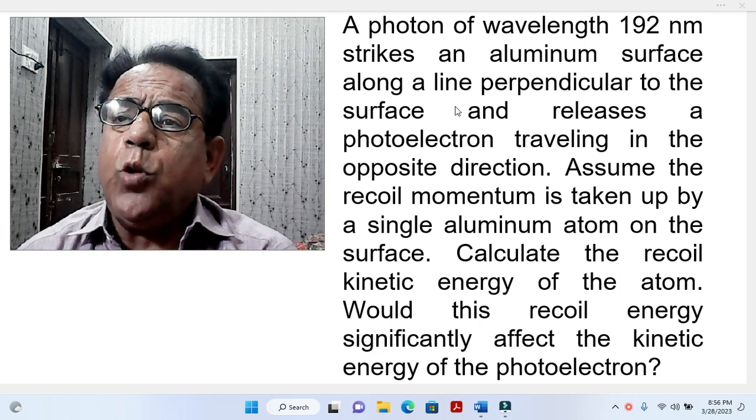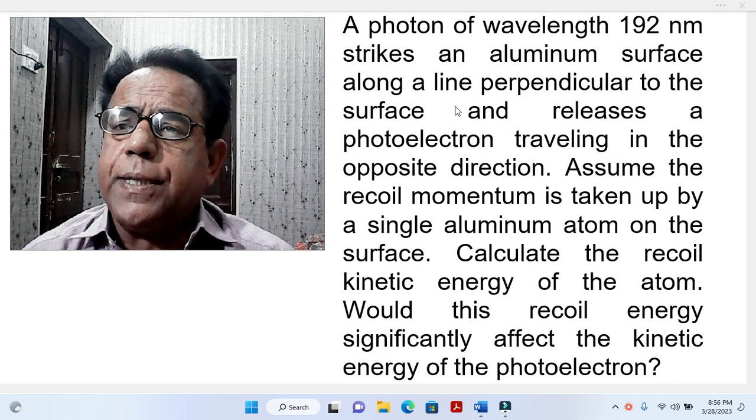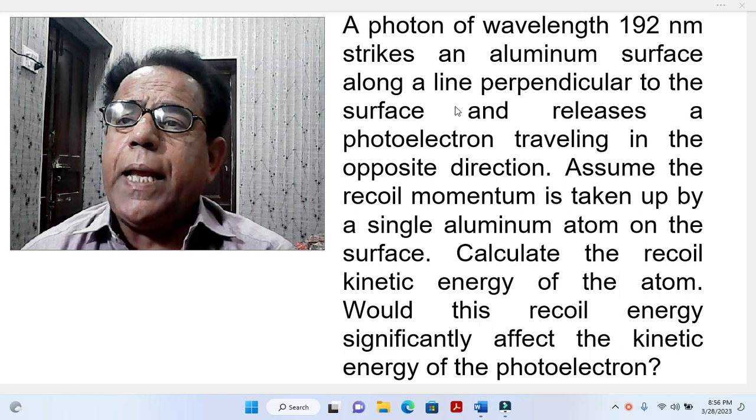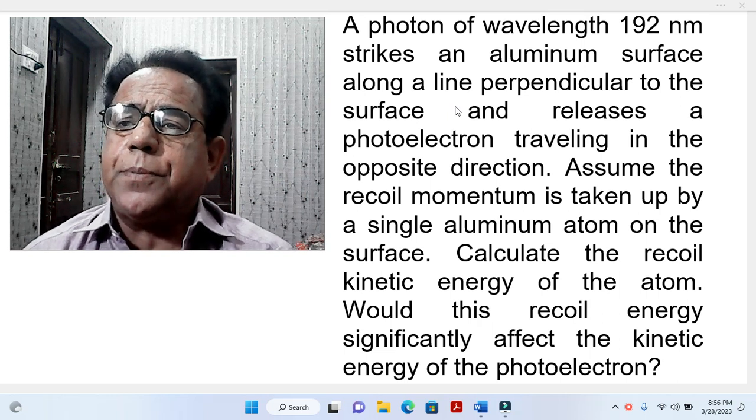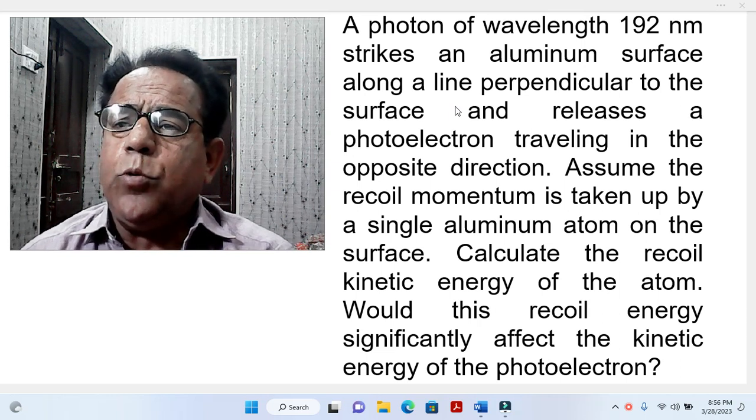A photon of wavelength 192 nanometers, nano 10 to power minus 9, strikes an aluminum surface along a line perpendicular to the surface and releases a photoelectron traveling in the opposite direction.